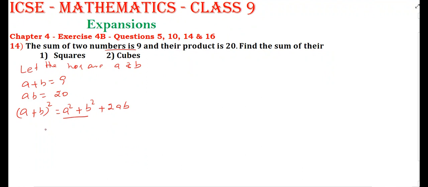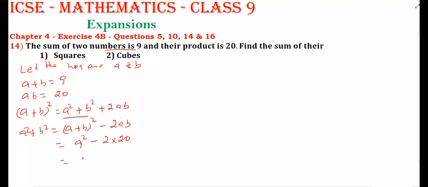So we can take this 2AB one side, A square plus B square equal to A plus B the whole square minus 2AB. Now we can apply the values we have. Sum of the numbers is 9, so 9 square minus 2AB, product is 20, so 2 into 20.